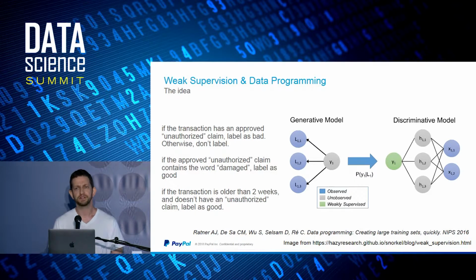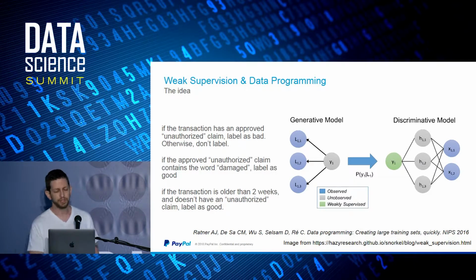And the gist of it is this. Every example has a true label. It's either good or bad, but we don't know that. Only the gods know the true label of the transaction.